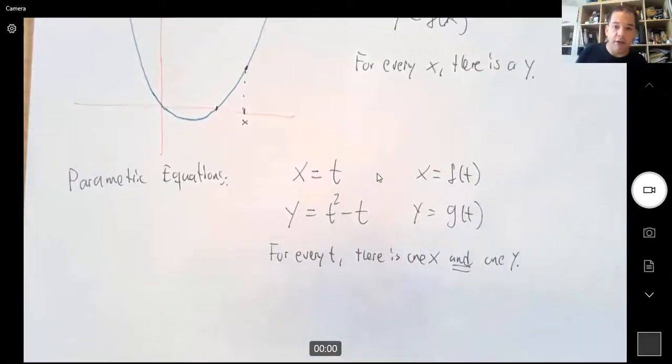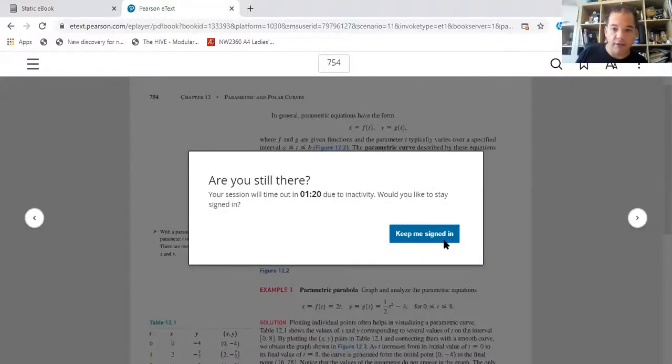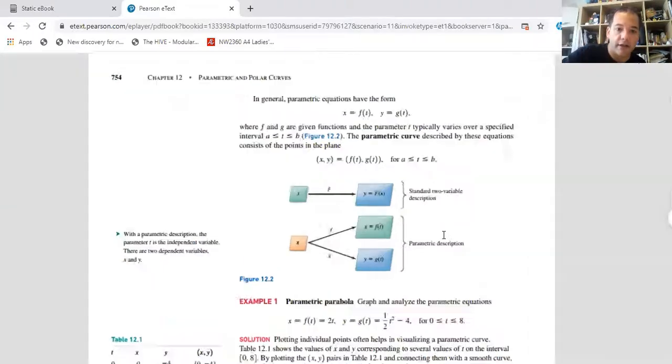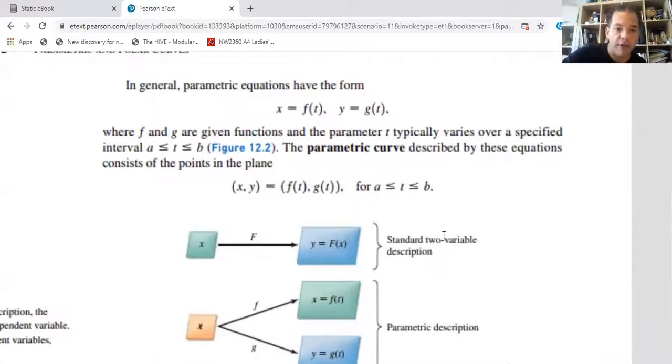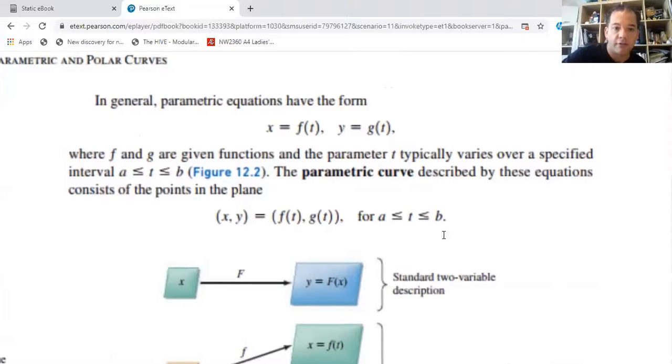So let me show a page from the book related to this. Where is the book? Right here. All right, so here is what we're saying. For parametric equations, we have x equals f of t and y equals g of t, and t ranges from a time a to a time b.